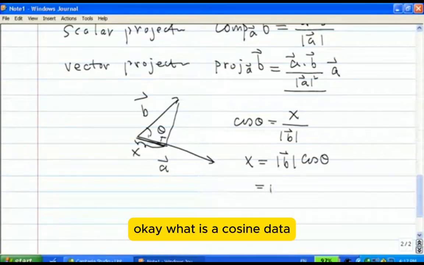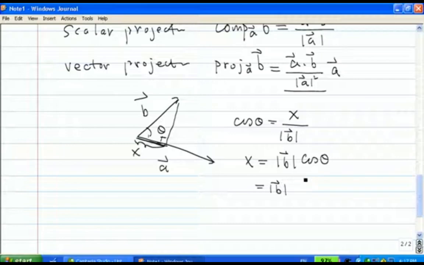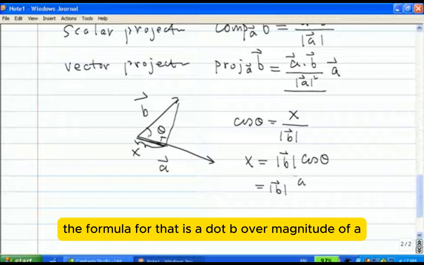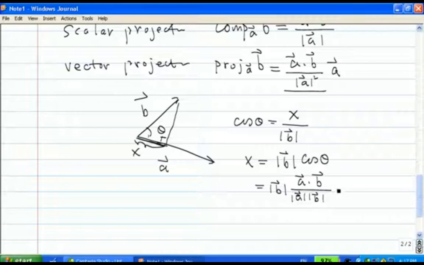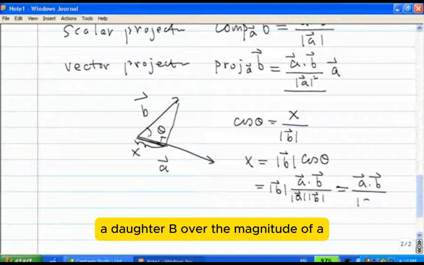What is cosine theta? The formula for that is a dot b over the magnitude of a and the magnitude of b. You cancel the magnitude of b here, and that gives you a dot b over the magnitude of a.